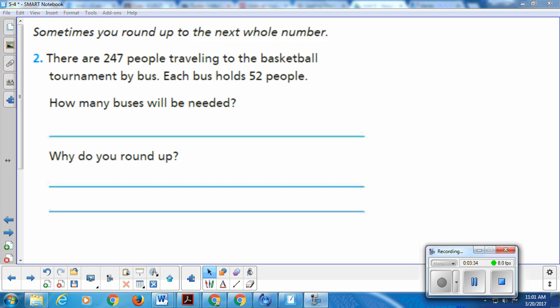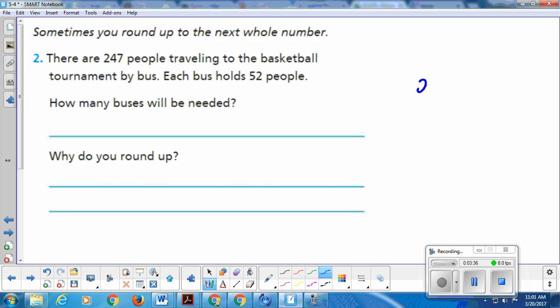So let's do the math. You've got 247 people to spread out over 52 buses. No, 52 people to how many buses? So this number right here is going to tell me how many buses. This is how many fit on each bus, right? That's what the 52 represents.